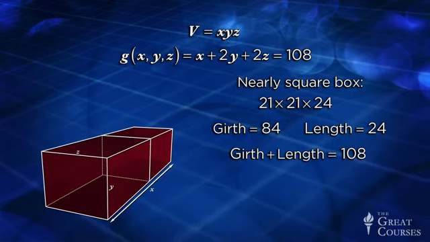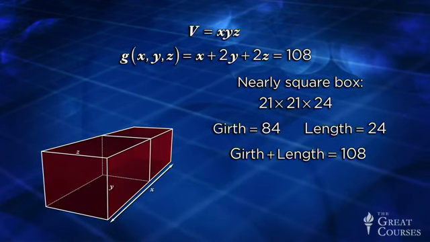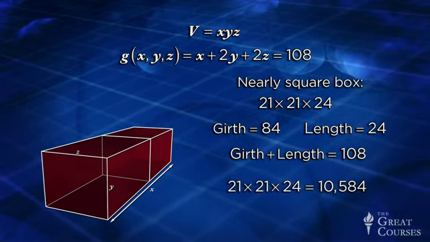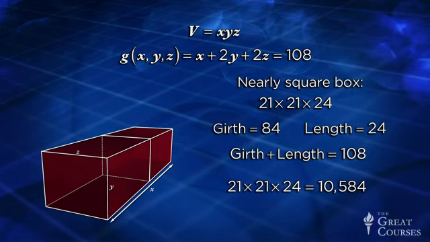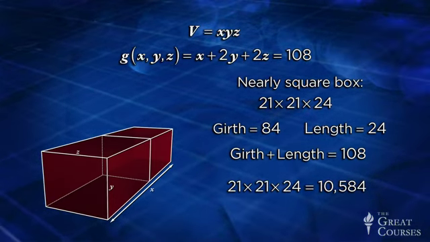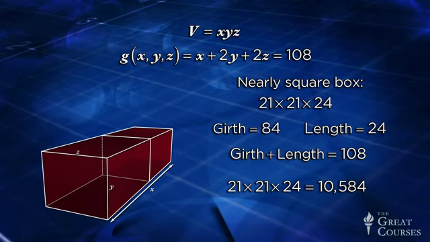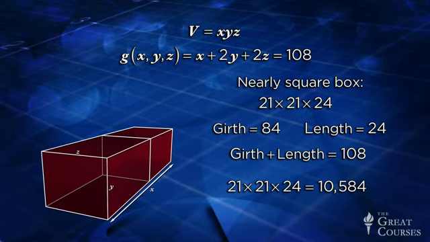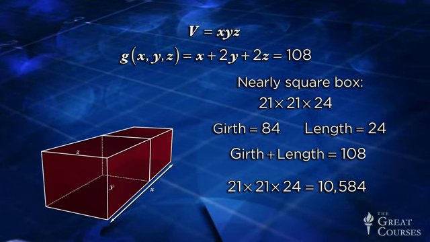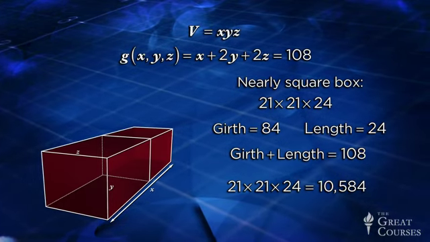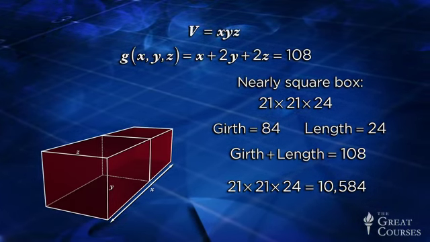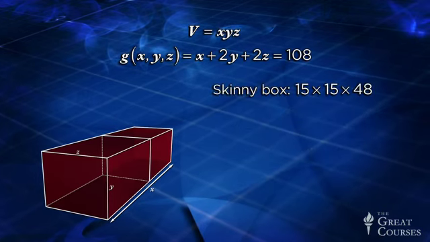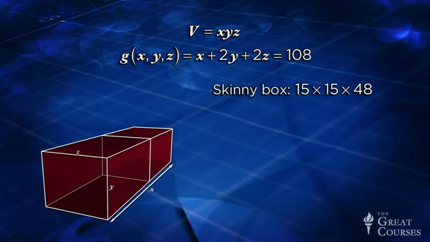Let's see what the volume of this nearly square package is. Well, it's 21 times 21 times 24. Put my calculator out there, and I get 10,584. Well, another employee comes along and says, no, I can do better. I'm going to use a package with the following dimensions: 15 by 15 by 48.